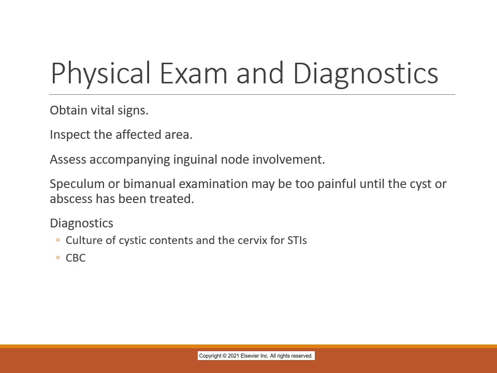It may be warm to touch. Speculum or bimanual exam may be too painful for this patient until the cyst or abscess has been treated. Diagnostic tests include a culture of the cystic contents, a culture of the cervix for any STIs, and a CBC for infection.